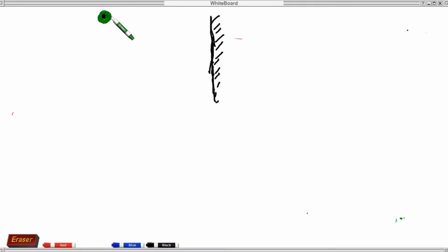This is your ball, and it strikes like this. At this point, it stays here for delta t time.